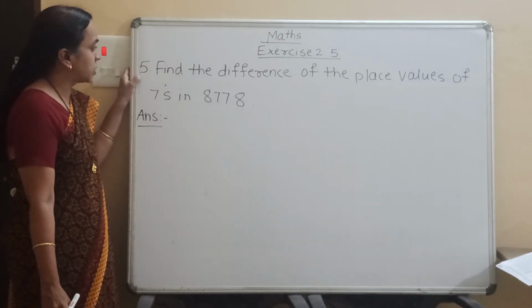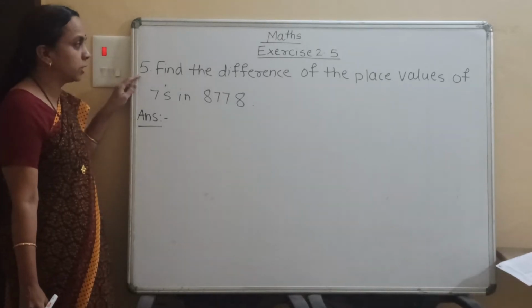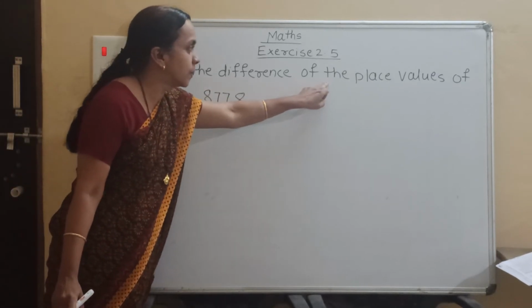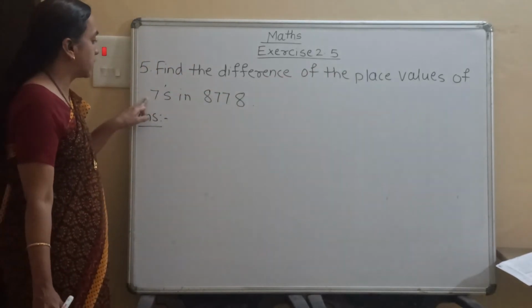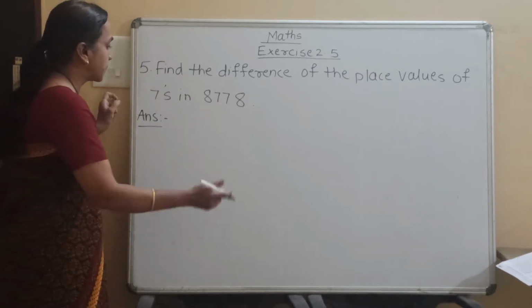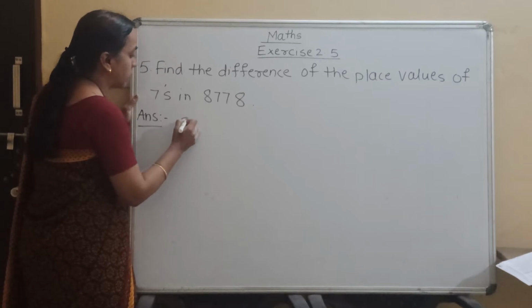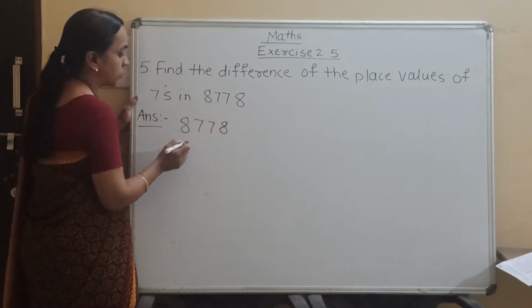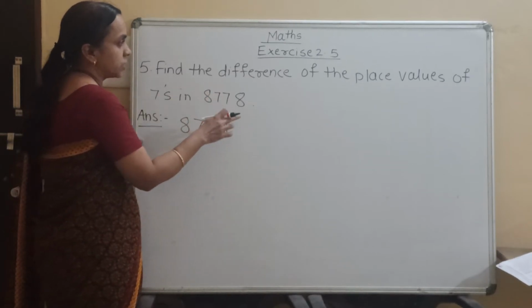Now see the fifth question. This question also you have to write down in your notebook. Find the difference of the place values of sevens in 8778 number. So first you write down 8778, as it is in your notebook. So what is the question?